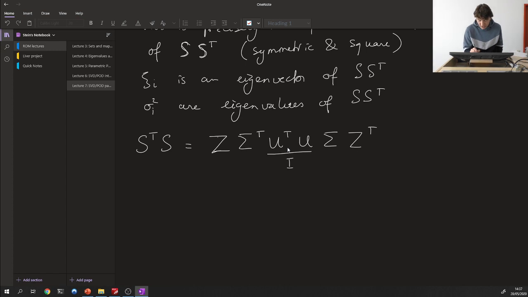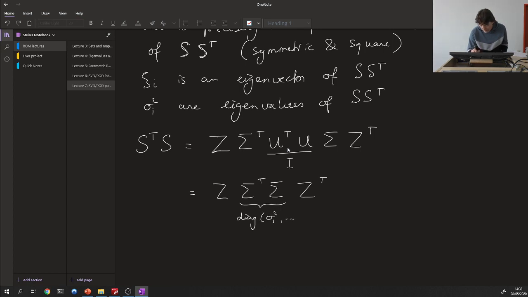This is again the identity because these were defined to be orthogonal matrices. So this is also a spectral decomposition, but now involving the Z matrices. And this is now the diagonal matrix that only has sigma_1 squared going to sigma_ns squared, because this is actually an ns by ns matrix.